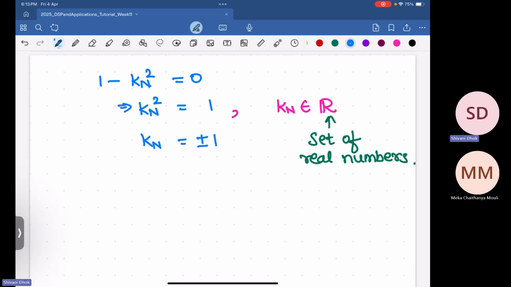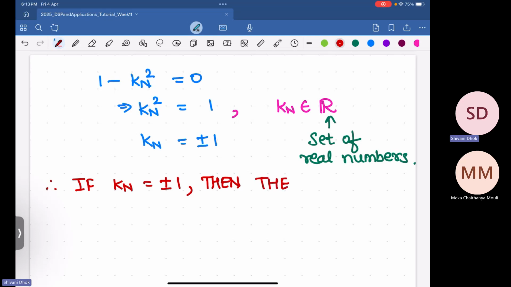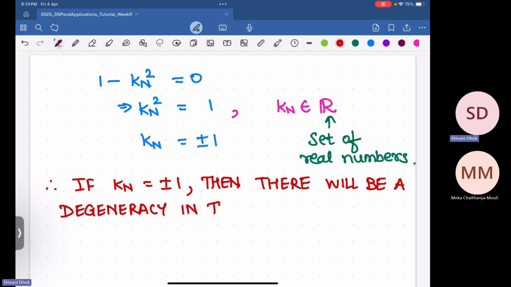So what do we get? Therefore, if k_n is equal to plus or minus 1, then there will be a degeneracy in the system.